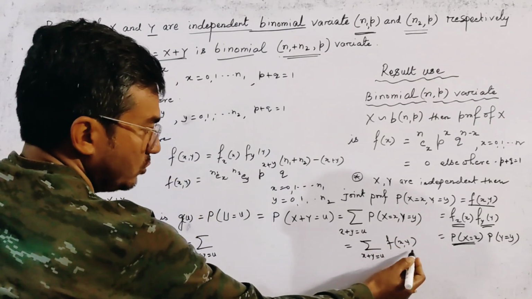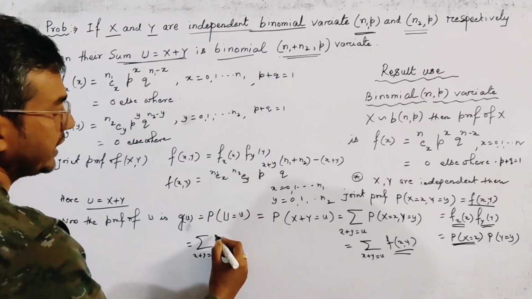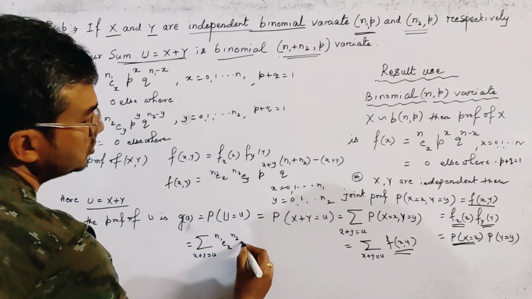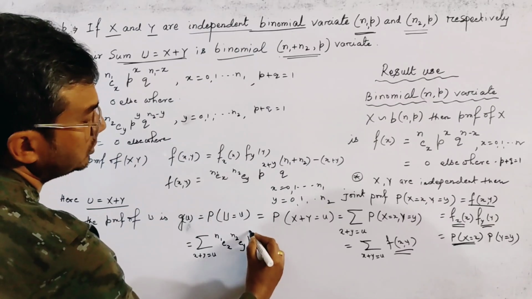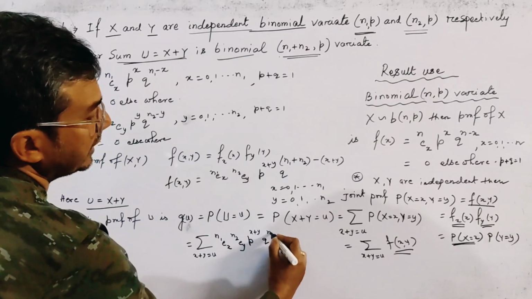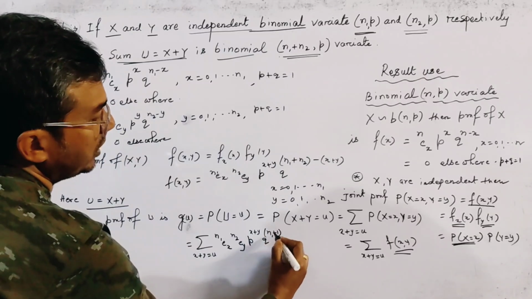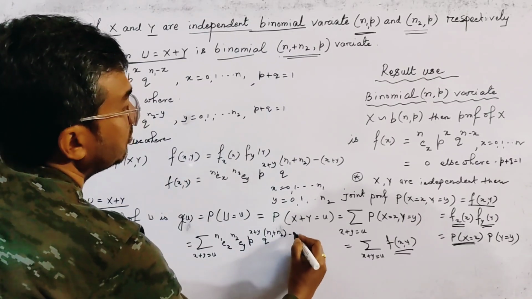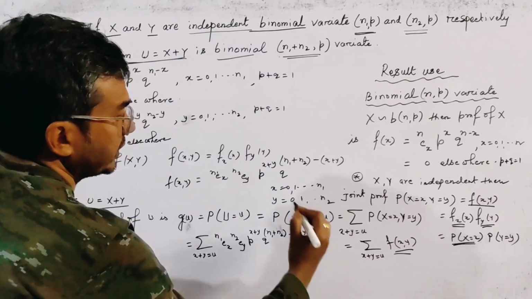So we write the summation over x plus y equal to u. We put the value of f(x,y), which is given by n1Cx into n2Cy p to the power x plus y into q to the power n1 plus n2 minus (x plus y).